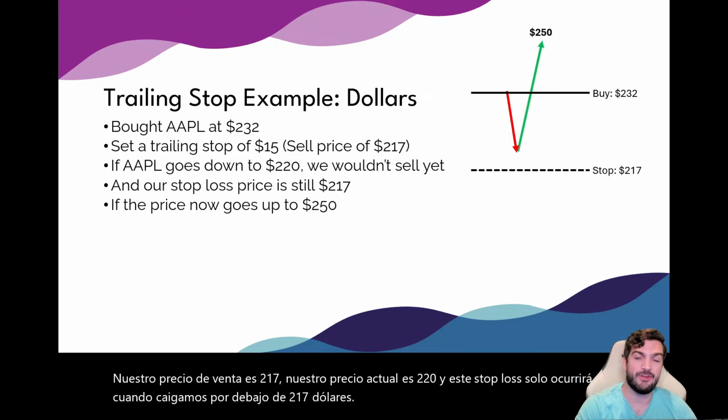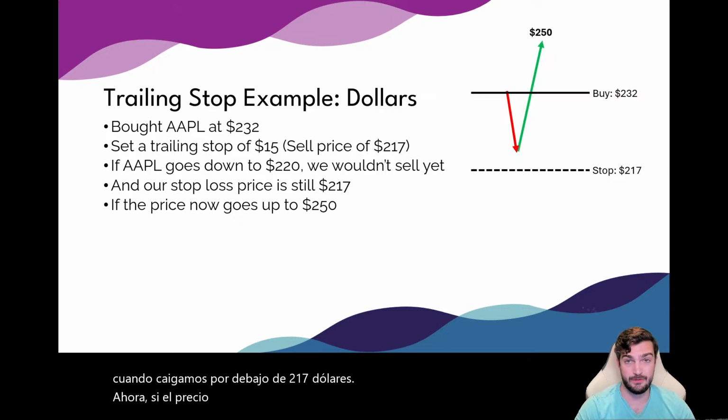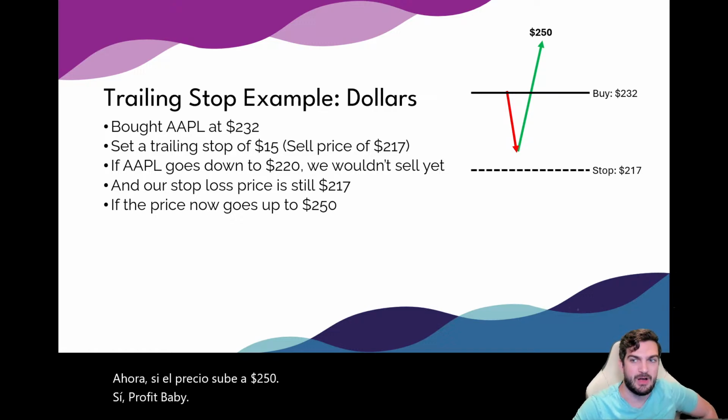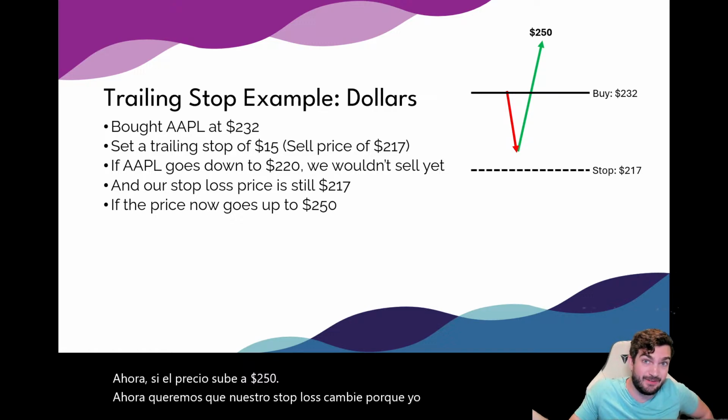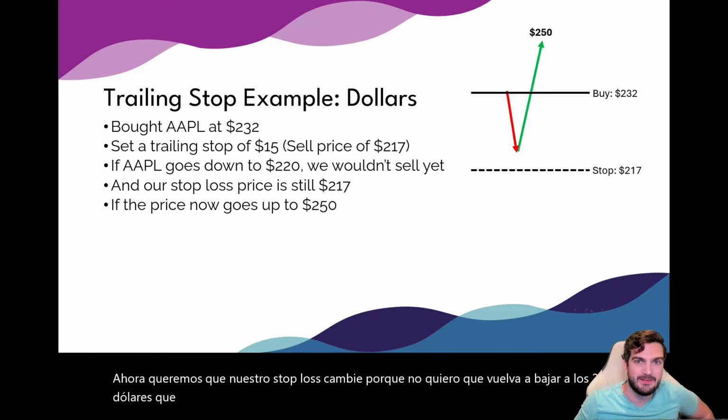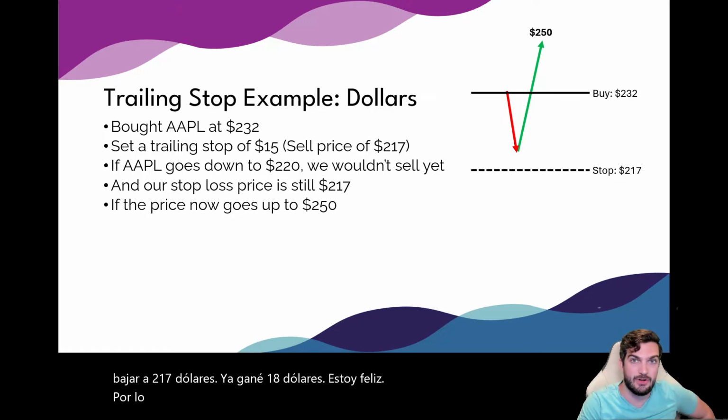Now, if the price goes up to $250, yeah, profit, baby. Now we want our stop loss to change because I don't want to have it go back down to $217. I already made 18 bucks. I'm happy. So if we had a $15 trailing stop, our new highest price is $250.